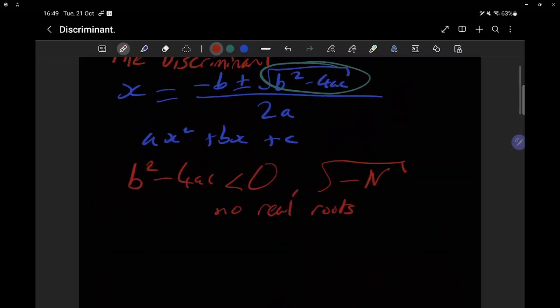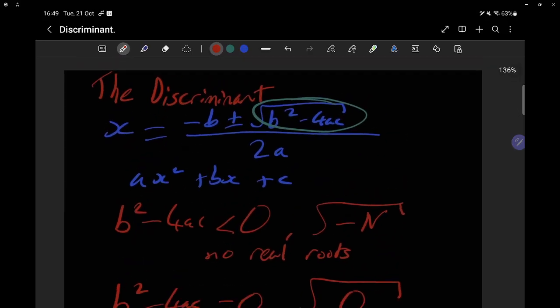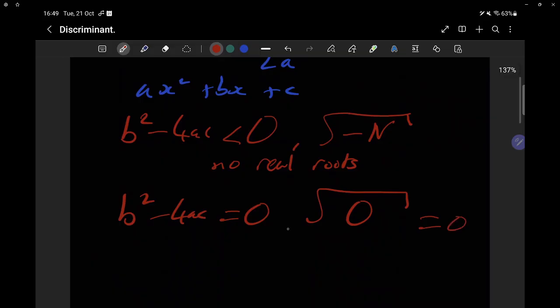So we know that if b squared minus 4ac is less than 0, then we're going to have a negative number, right? And we can't have the square root of a negative number. But what about if b squared minus 4ac is equal to 0? Well, we'd have the square root of 0, which is just going to be 0.